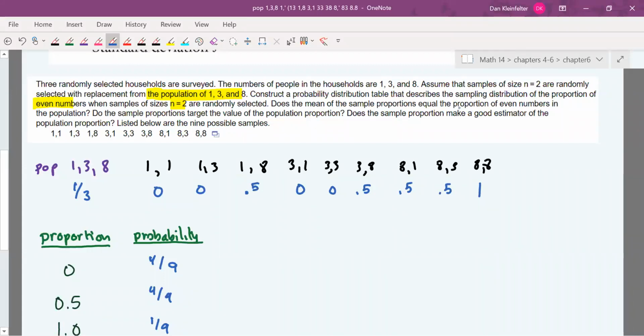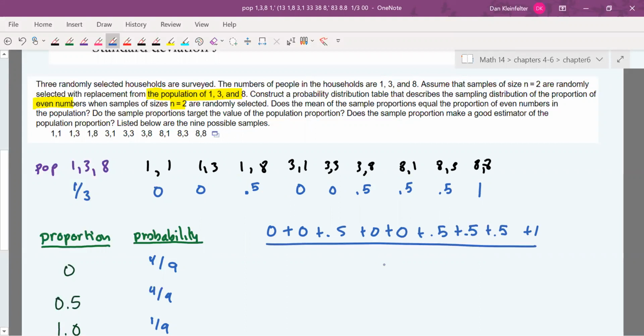So let's take the mean of all of these sample proportions. So that's 0 plus 0 plus 0.5. There's 2 more zeros, 3 of the 0.5, and then a 1. And then we have 9 of them.